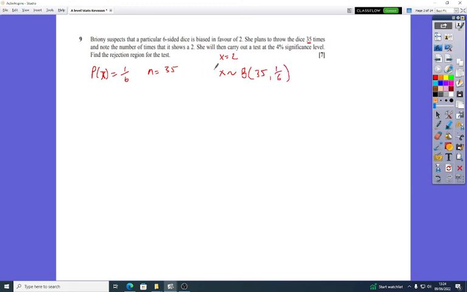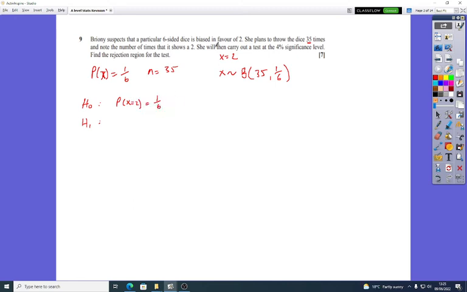Now you get a mark for stating that, so we're trying to slowly run through where the marks will be allocated. The second thing is to come up with your null hypothesis and your alternative hypothesis. For the null hypothesis, we're saying that when it's a fair dice, the probability of getting a 2 is going to be 1 out of 6.